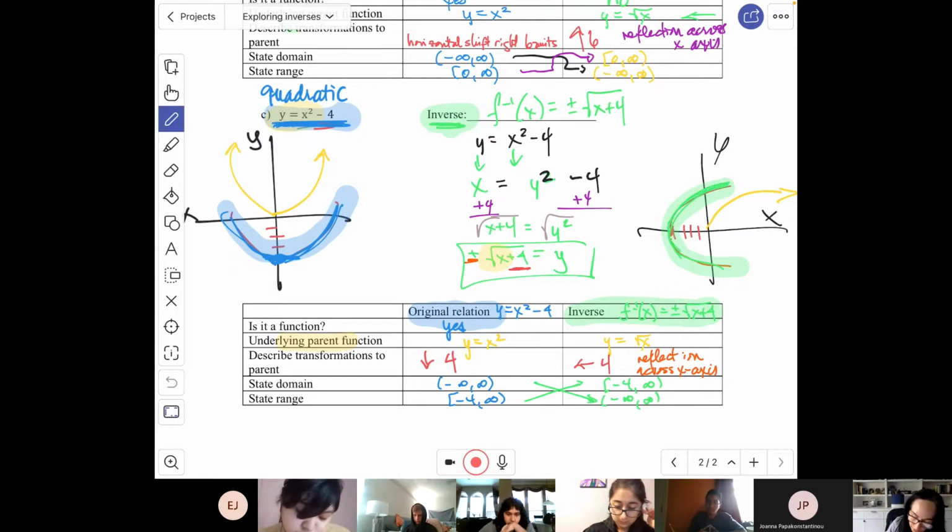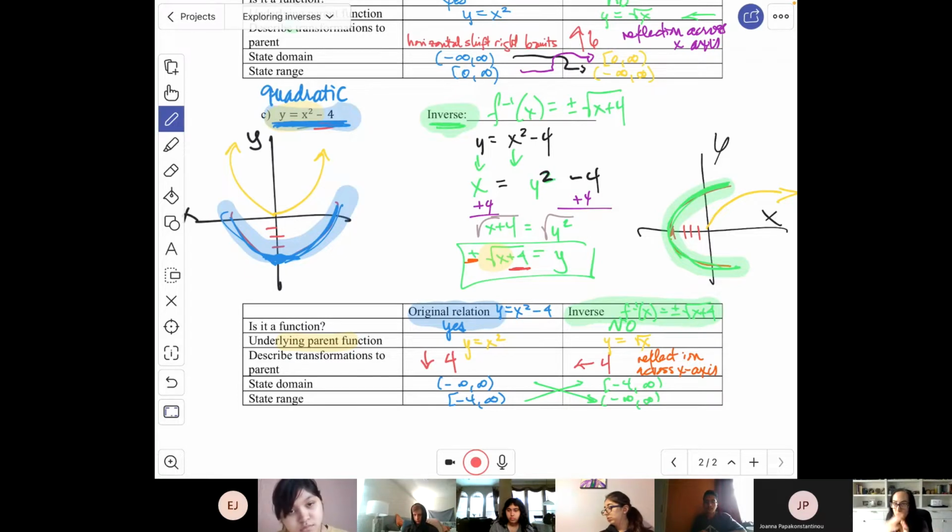Now, is the graph of this inverse a function? No, it is not. It does not pass the vertical line test. Okay, now you should be able to take many equations, recognize the underlying parent, determine if it's a function, state domain and range, apply transformations, take the inverse, and answer questions about the inverse.